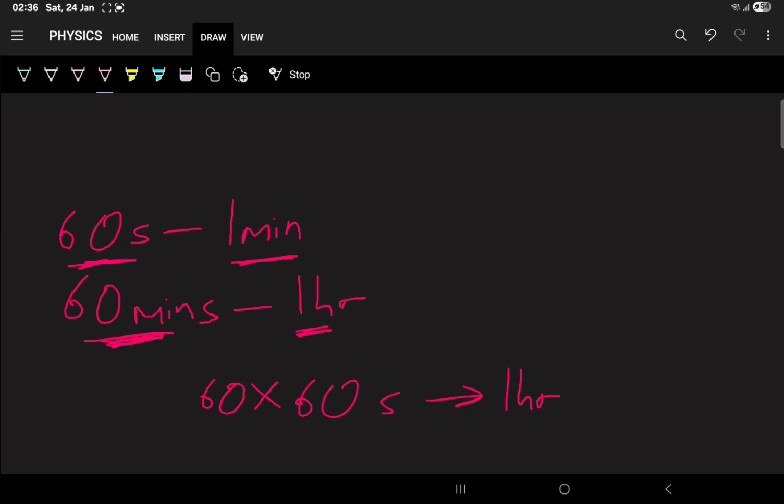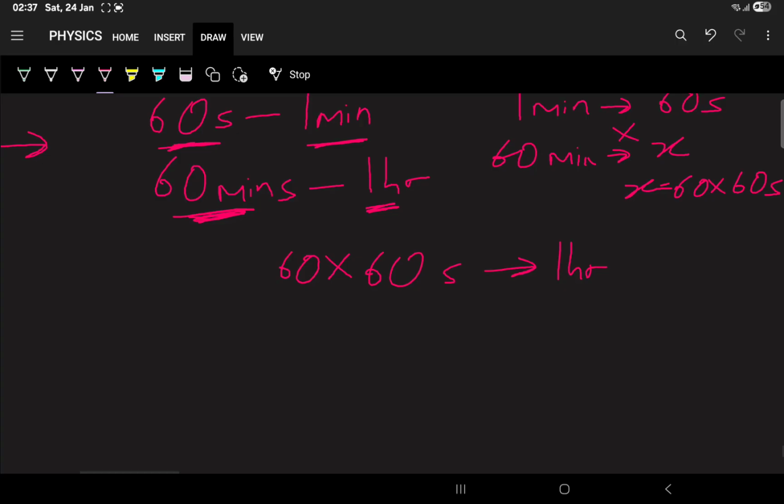So if in 1 minute we have 60 seconds, how many seconds will we have in 60 minutes? It will simply be 60 times 60 seconds. So in an hour we have 3,600 seconds.